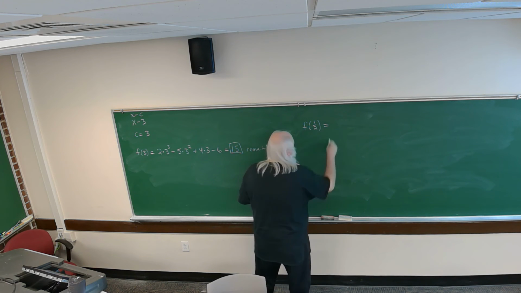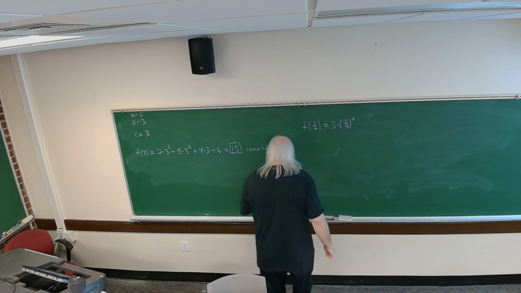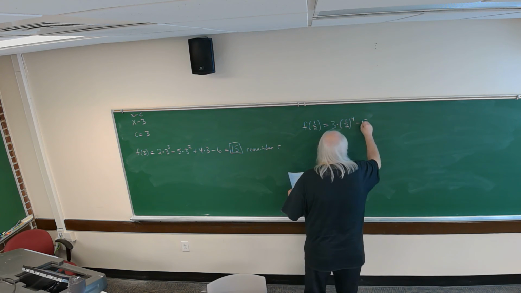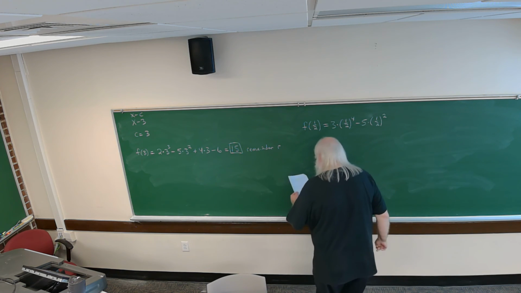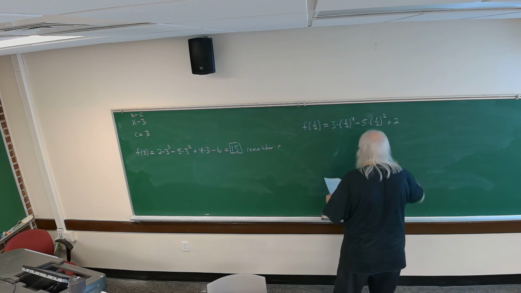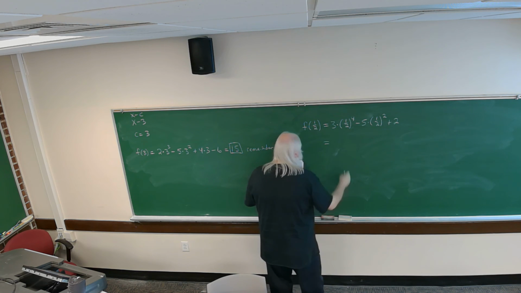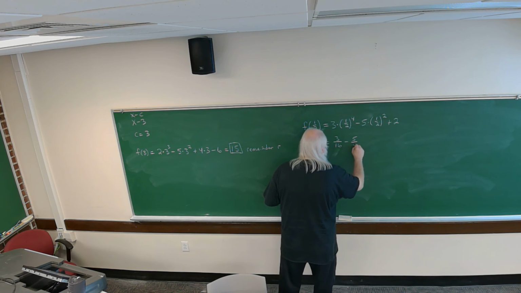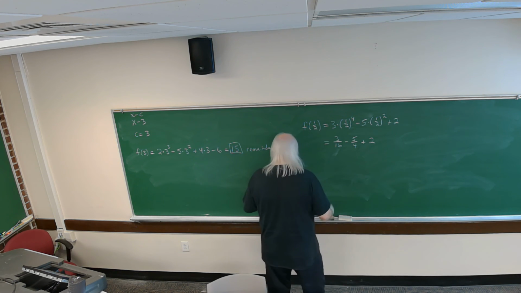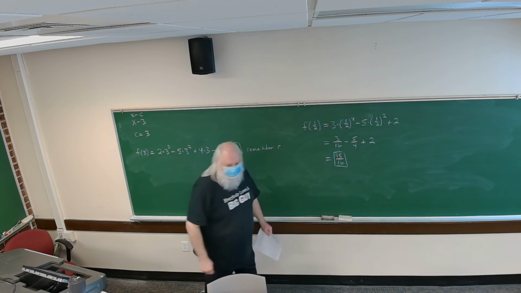Well, f of 1/2 is equal to 3 times 1/2 to the 4th minus 5 times 1/2 squared plus 2. And using PEMDAS, you get 3/16 minus 5/4 plus 2, which, finding a common denominator, is equal to 15/16.